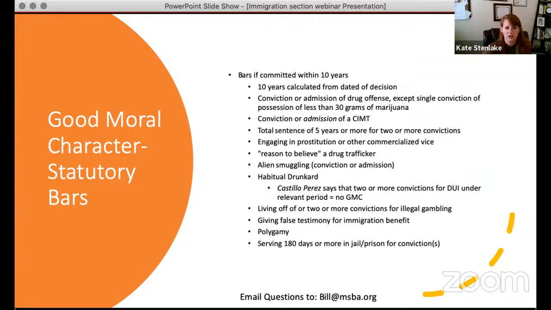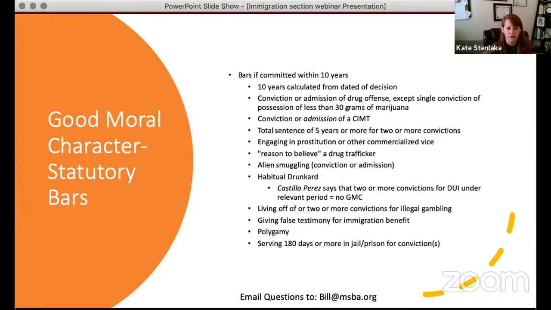There's also conviction or admission of a CIMT, and a total sentence of 5 years or more for 2 or more convictions. So if your client has multiple convictions, you have to do the math of how long the total sentences are. Engaging in prostitution.